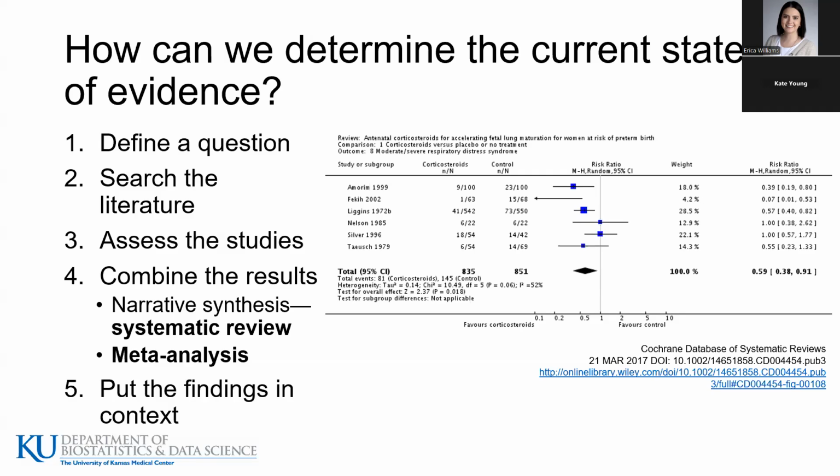This is done using what's basically a regression model that takes the treatment effect from each of these studies and then computes a weighted average, where the weights are determined by the quality of evidence, using that evaluation of the risk of bias that we saw in the previous slide.